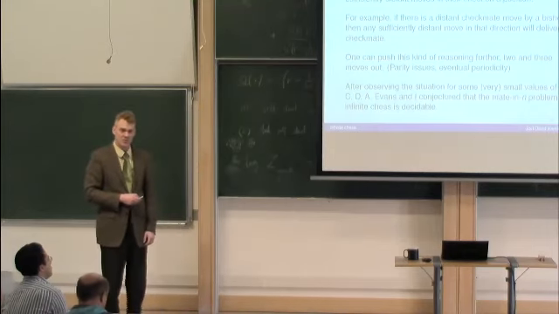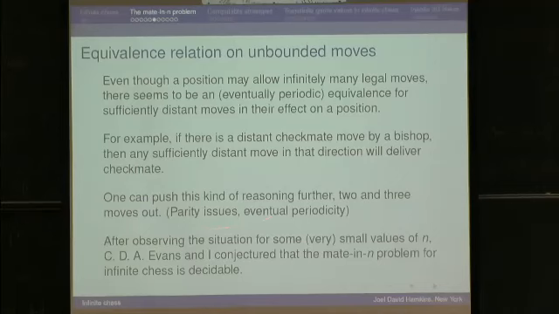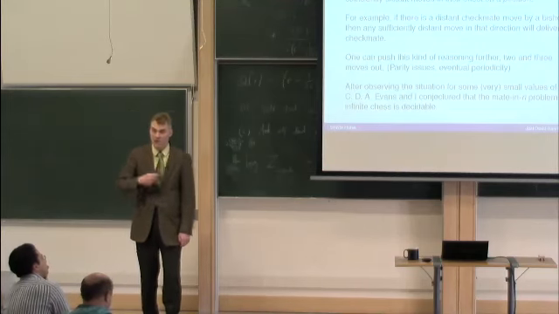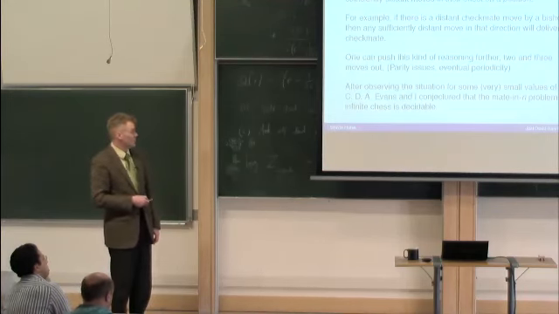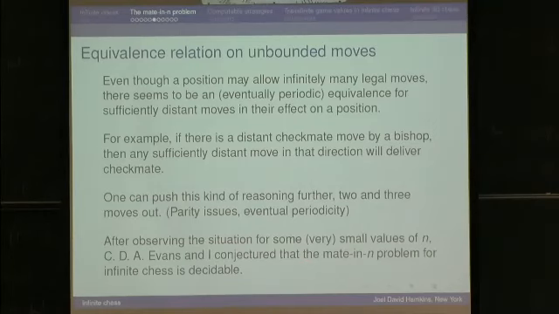And so I became a little bit discouraged about carrying it out. But even though the natural formulation of these assertions is sigma 6 or something, the fact that it was decidable strongly suggested to me that, in fact, the mate in n problem should be decidable, and that's what we conjectured.